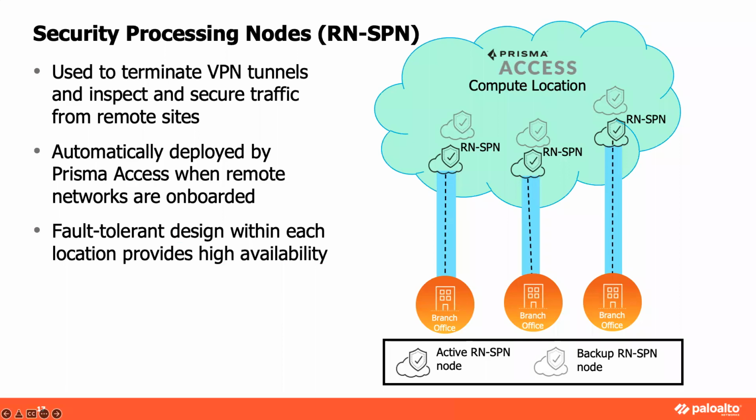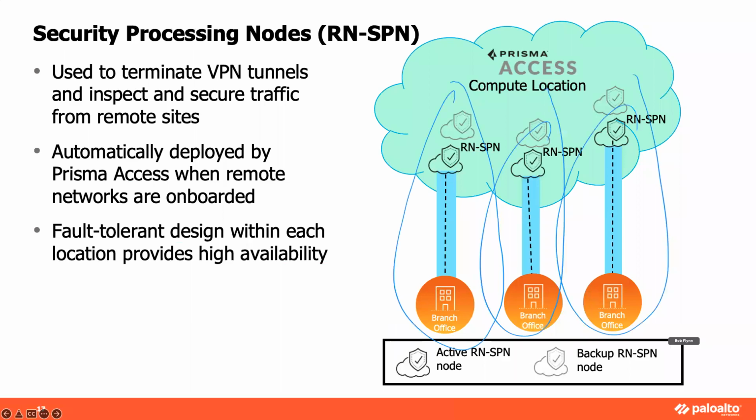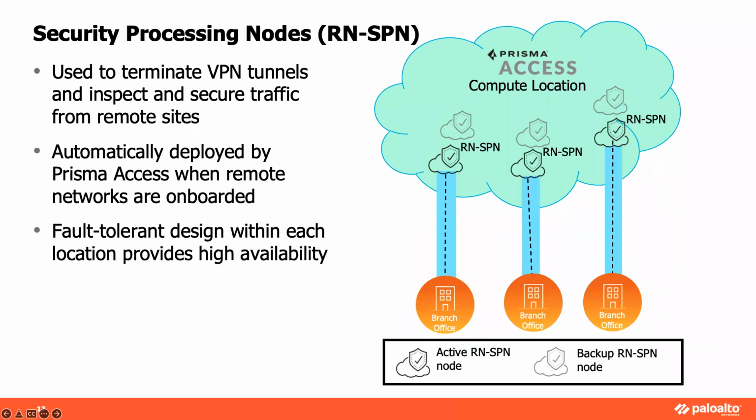But the idea is you're not paying to have all of this in a bunch of branch offices. You no longer have all that money that you're spending. What you do is you deploy these close to these different branches, these different locations, and you just subscribe to this stuff as you need it.